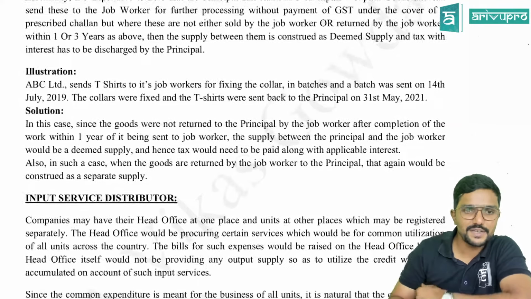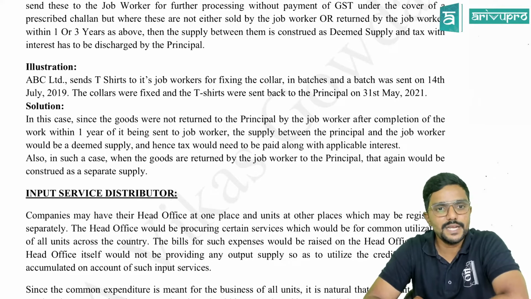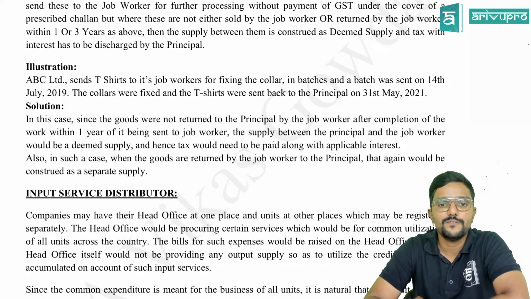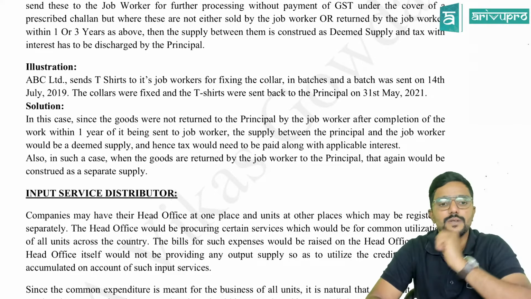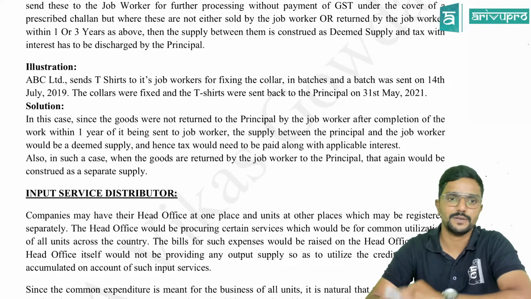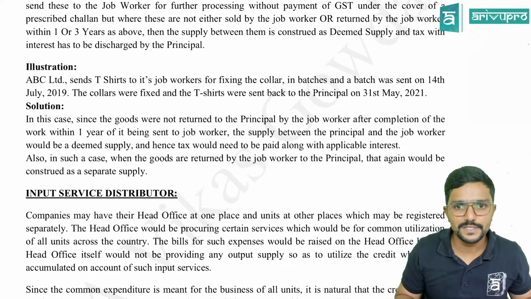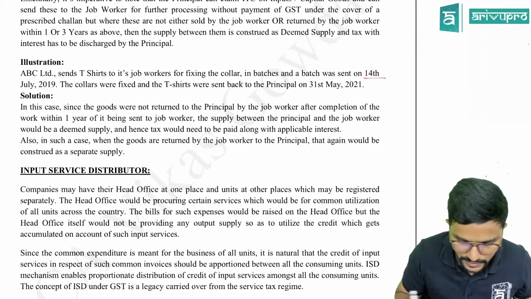An illustration is given. ABC Limited sends T-shirts to its job worker for fixing the collar in batches, and a batch was sent on 14th July 2019. The collars were fixed and the T-shirts were sent back to the principal on 31st May 2021. So goods were sent to the job worker on what day? 14th July 2019.